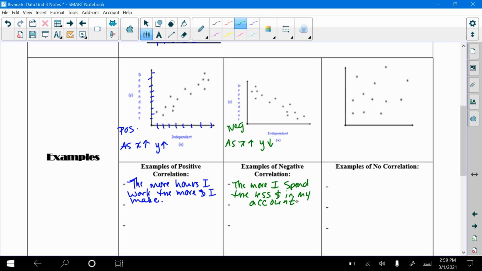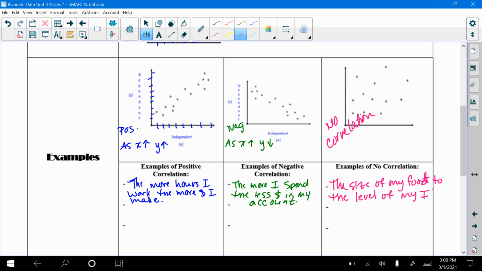And the next one over here is kind of like a hodgepodge. It's all over the place. There's no correlation on this one. So something that would have no correlation would be like the size of my foot to the level of my IQ.